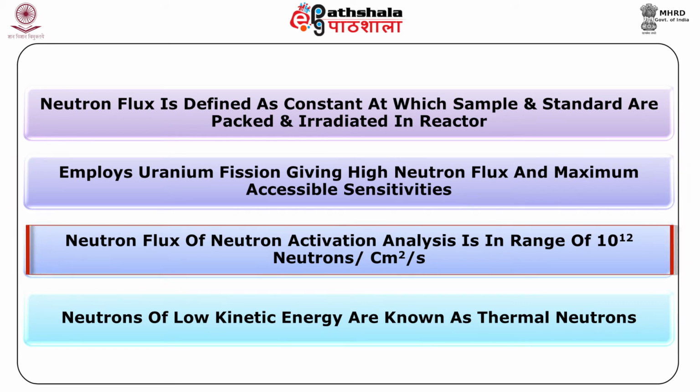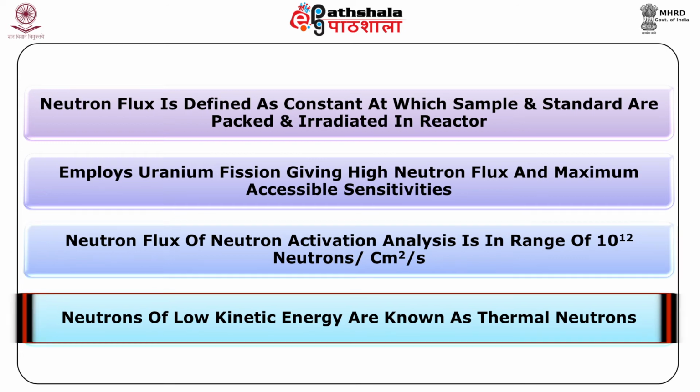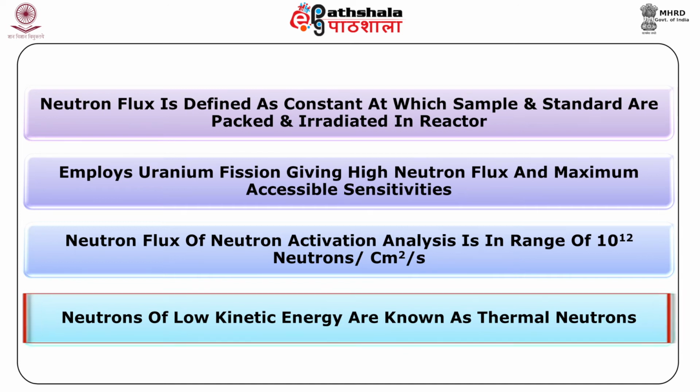The neutron flux of neutron activation analysis is in the range of 10 to the power 12 neutrons per centimeter square per second. The neutrons produced are generally of comparatively lower kinetic energy, of the order of 0.5 electron volts. Neutrons of low kinetic energy are also known as thermal neutrons.